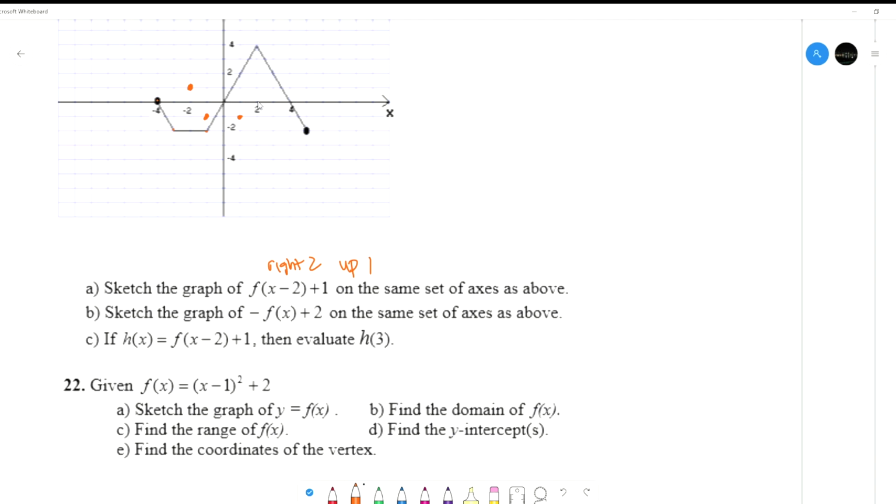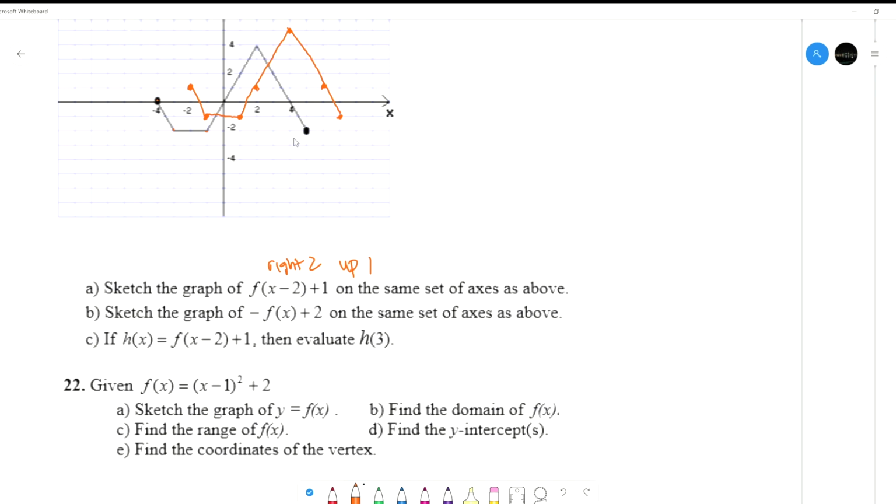And then the 0, right 2 up 1. And then 2, 4 is right 2 up 1. This one, 4, 0 goes right 2 up 1. And 5, negative 2 goes right 2 up 1. So you see it doesn't change the shape. It still carries the same shape because the entire graph is moving right 2 up 1.